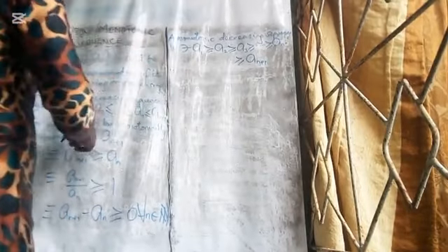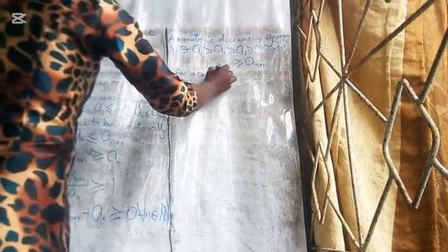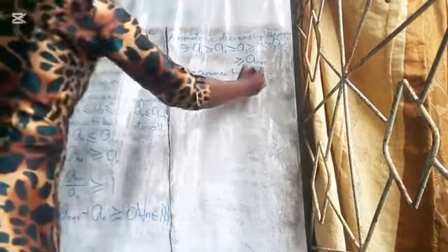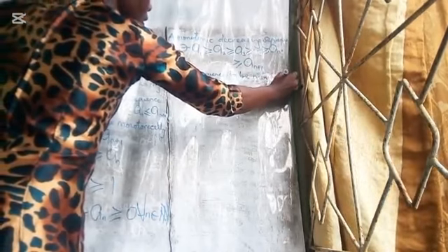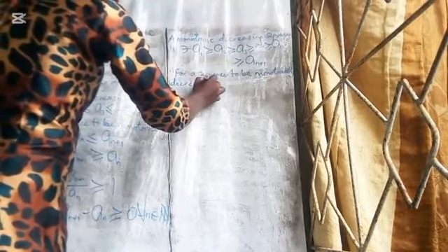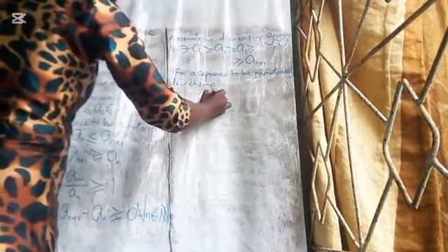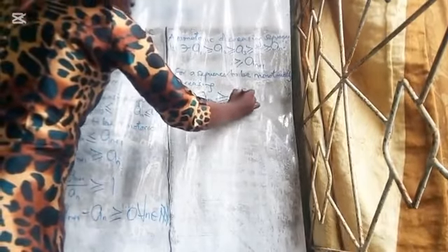Therefore, as we said here, for a sequence to be monotonically decreasing, a sub n must be greater than or equal to a sub n plus 1.